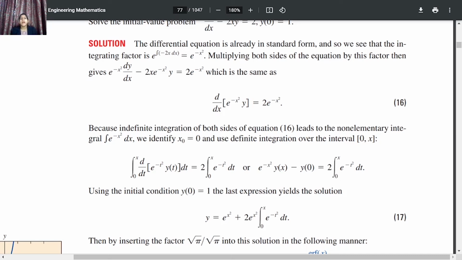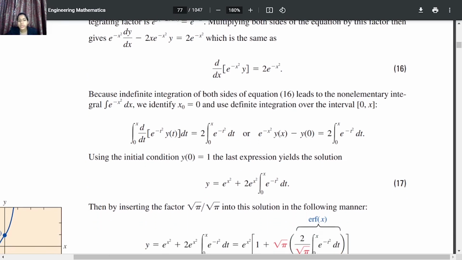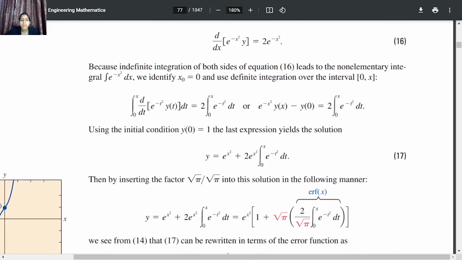Okay, and then we apply the initial value and the solution is given to be y is equal to e raised to x square plus 2 into e raised to x square integral 0 to x e raised to minus t square into dt.